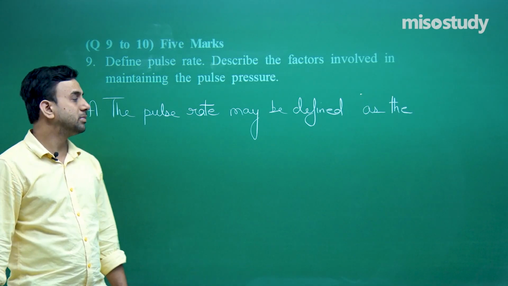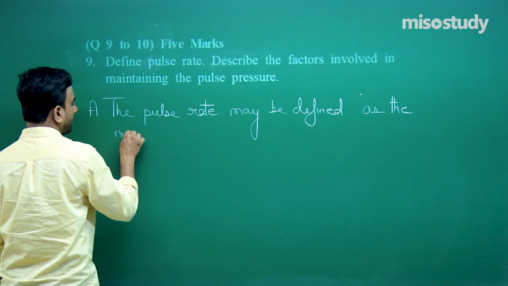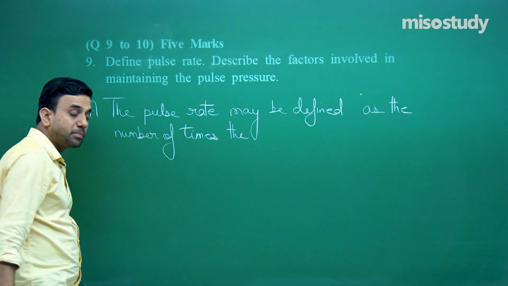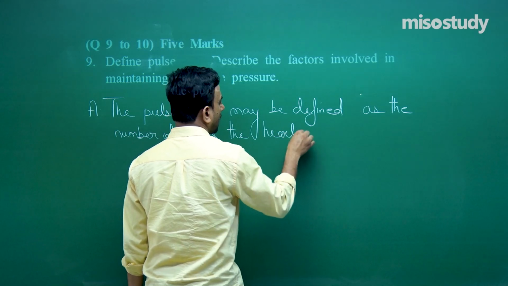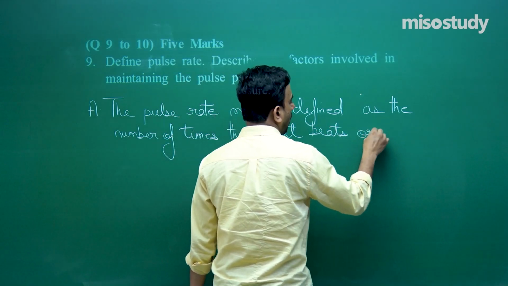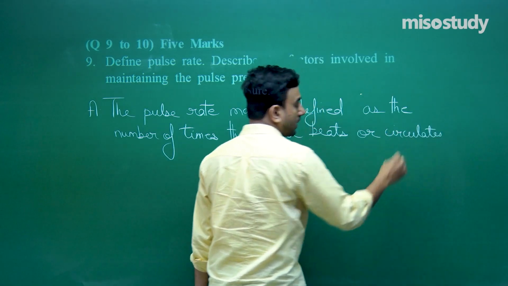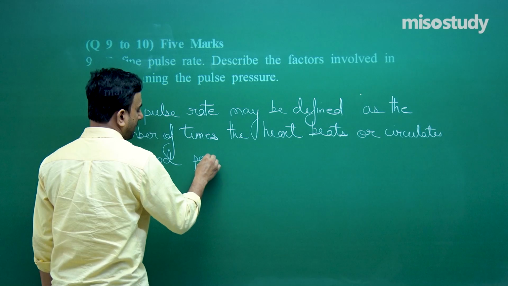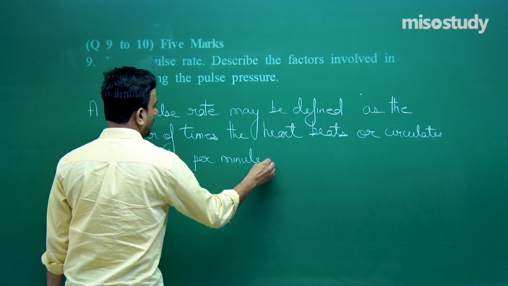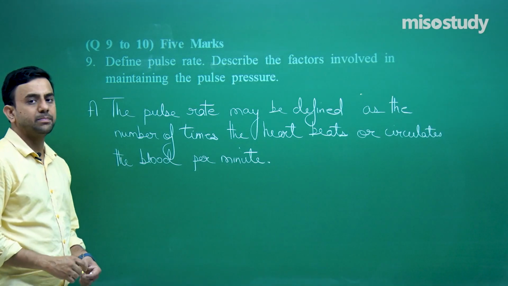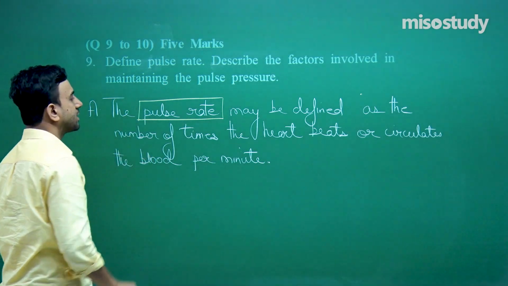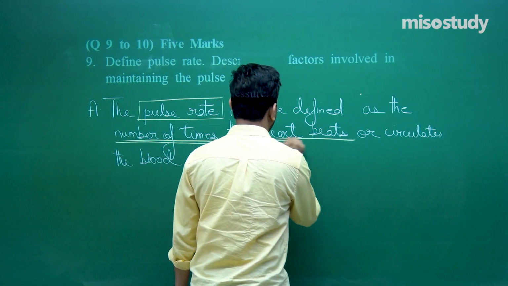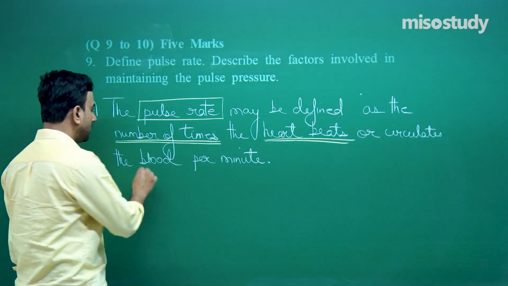The pulse rate may be defined as the number of times the heart beats or circulates the blood per minute, right.